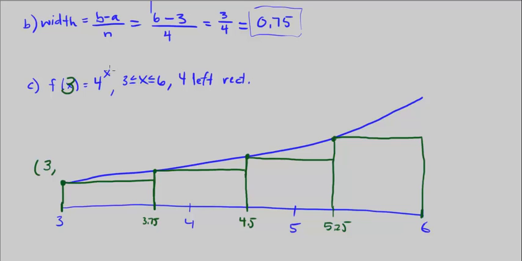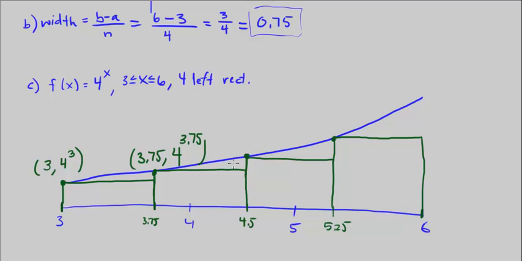So if we plug 3 here, we're going to get 4 cubed, right? So this is 4 cubed. The x value at this point is 3.75. The y value is when we plug in the x value 3.75, so it's 4 to the power of 3.75.